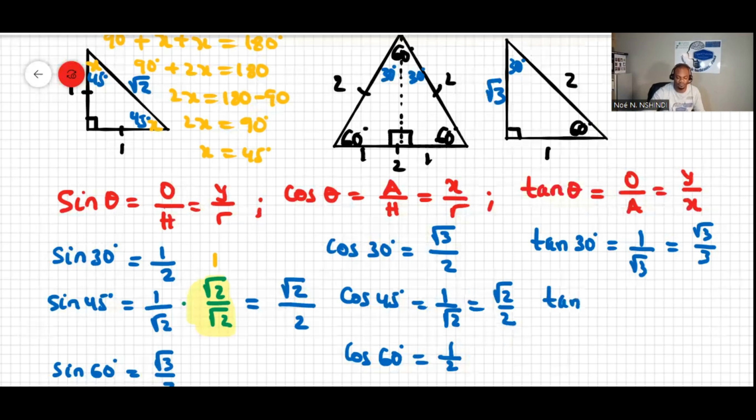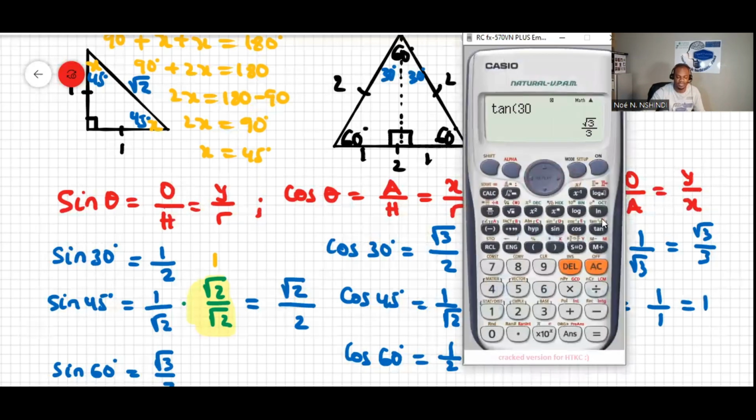So tan of 45 degrees is going to be opposite over adjacent. Looking at 45 degrees, the opposite is 1, and the adjacent is also 1. 1 over 1 is 1. So you can check, tan of 45 degrees equals just 1. You see, without using a calculator, we can get it.